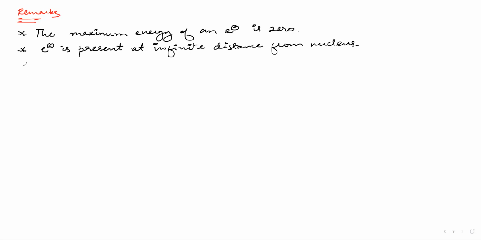Okay, next point. Now when we have the total energy of any electron as negative, it means that there is attraction. So this is the next point that you can write. The total energy of an electron is negative.